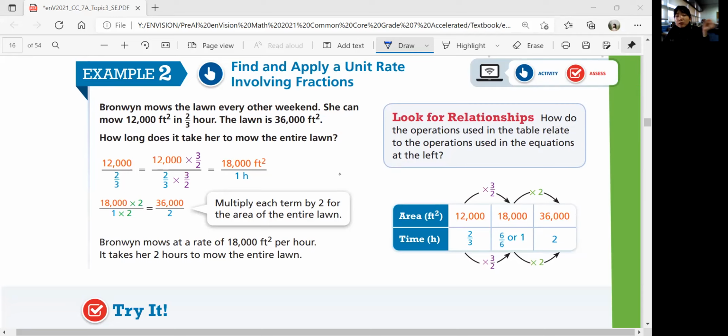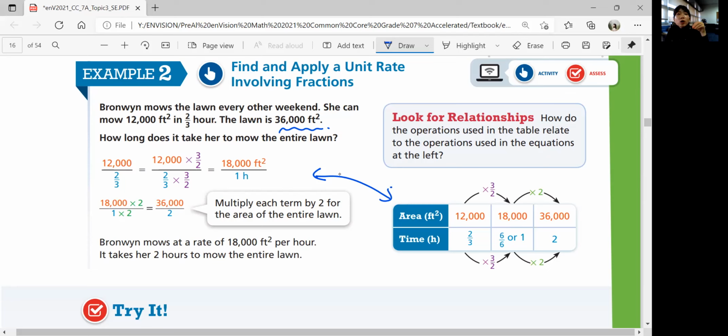So we have a speed, and then we have a target area, right? So first, you're gonna look for relationships. How do the operations used in this table relate to the operations used in the equations at the left? So we can either solve it algebraically in equations, or we can make a table.